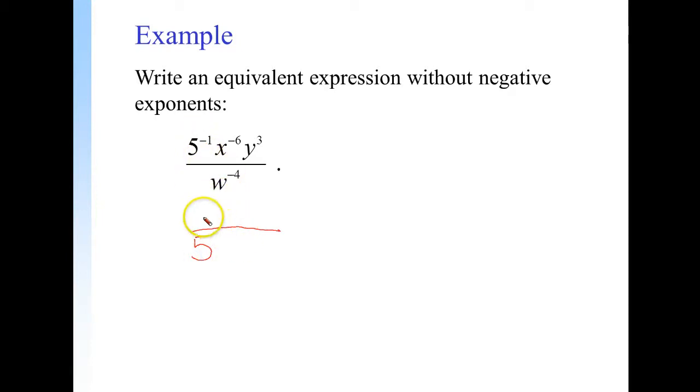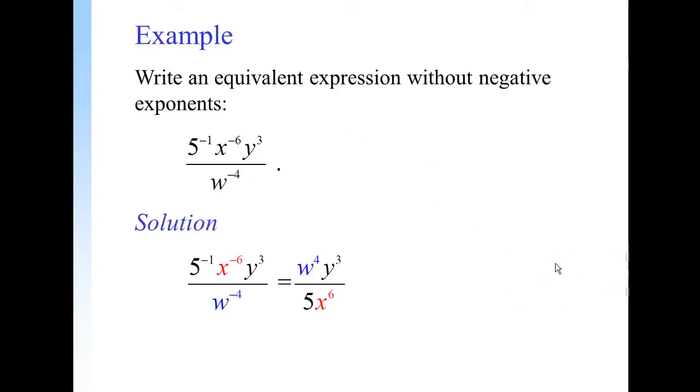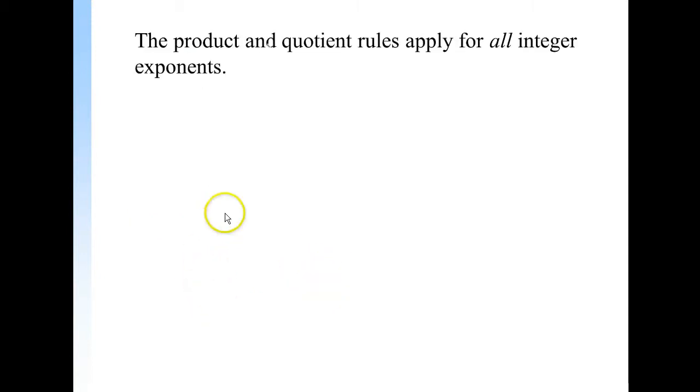Our w is going to go up. That becomes w to the 4th. Our x will come down, x to the 6th. And then our y to the 3rd stays on top. Everything now has positive exponents. Okay? This goes down, that other one goes up.